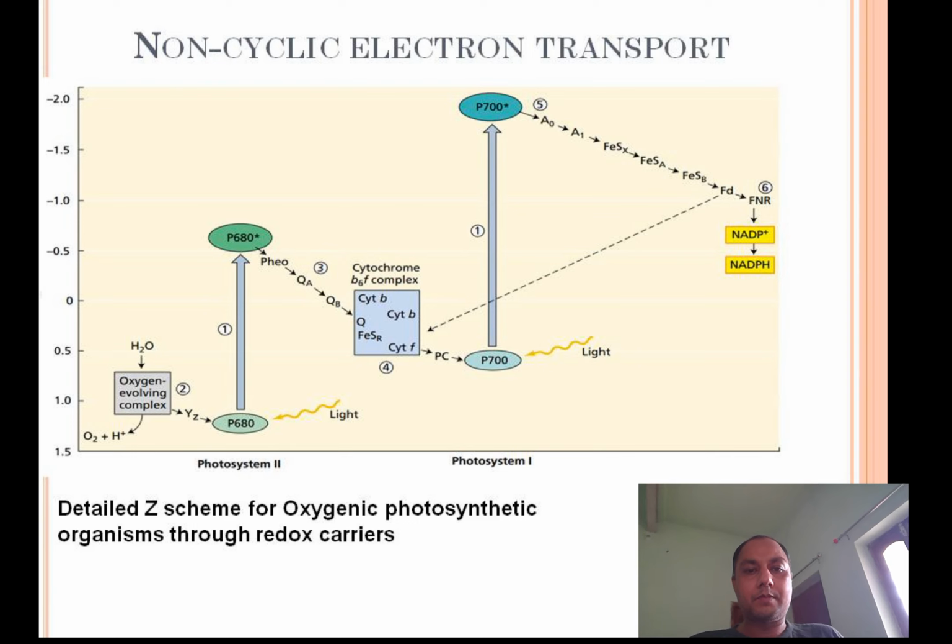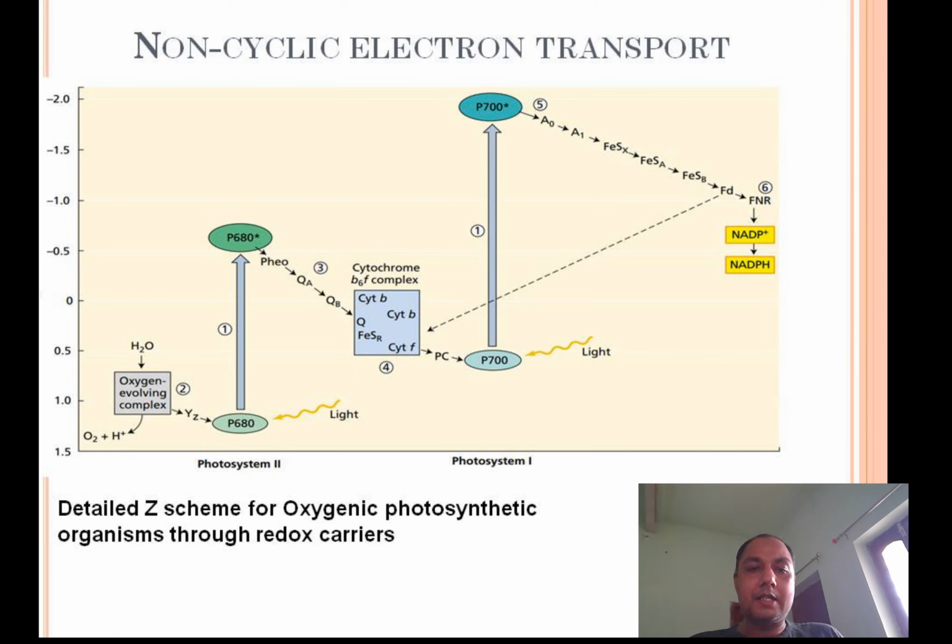What happens? We know very well that there are two photosystems, and in these photosystems there are reaction centers. For example, for photosystem II, there is the reaction center P680, which is a reaction center chlorophyll molecule. What is the meaning of the reaction center? All the pigment molecules capture the light and ultimately funnel that energy into P680, that means into the reaction center.